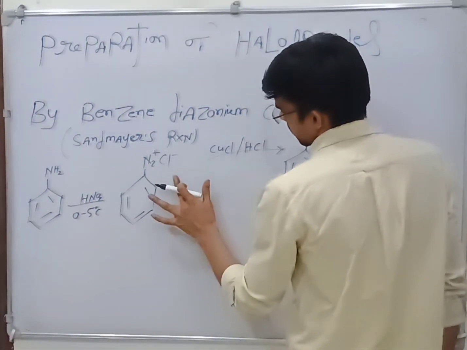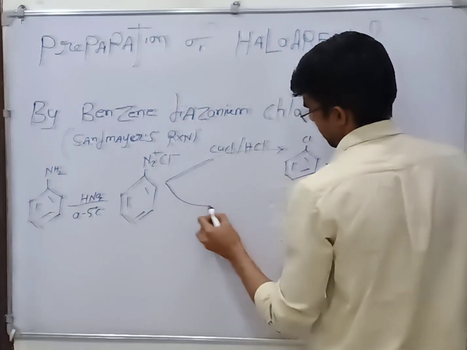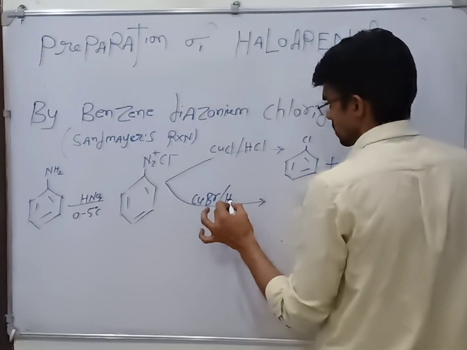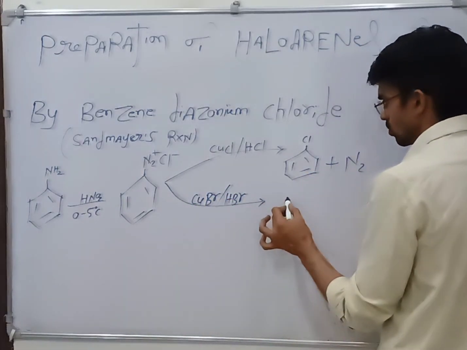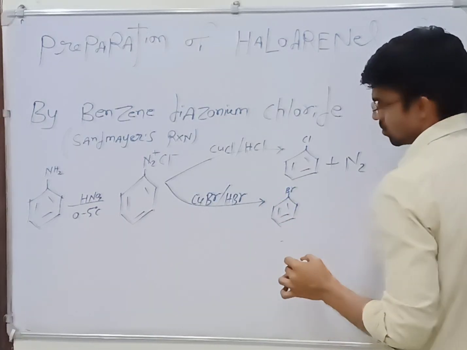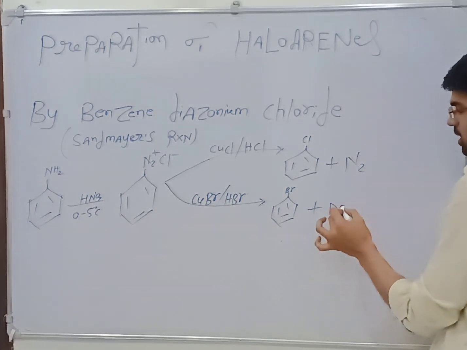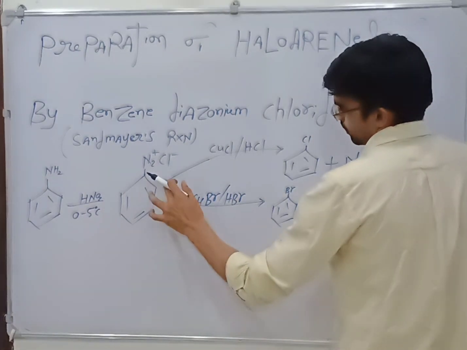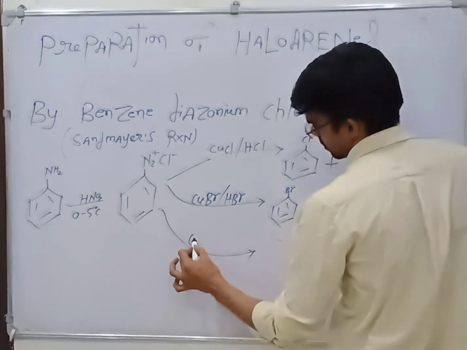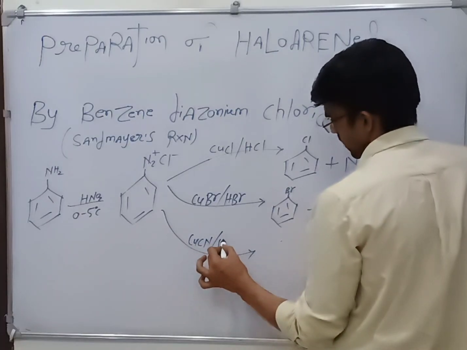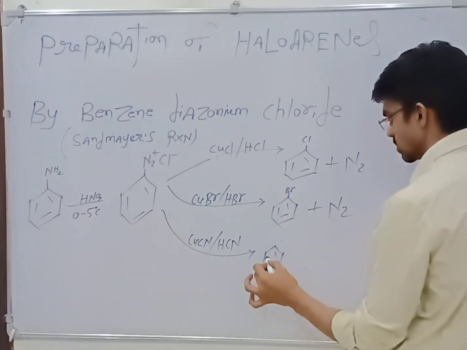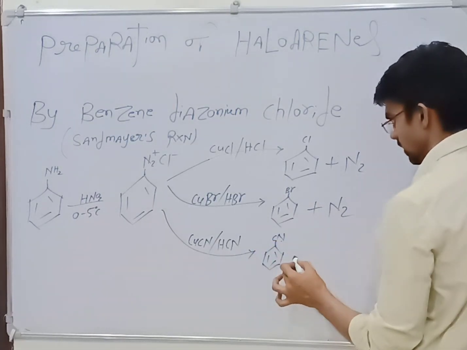When we react it with CuBr plus HBr, it gives bromobenzene and nitrogen gas will be released.